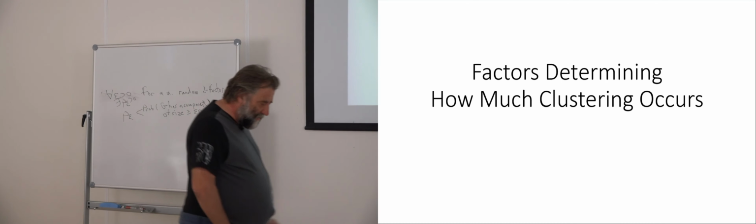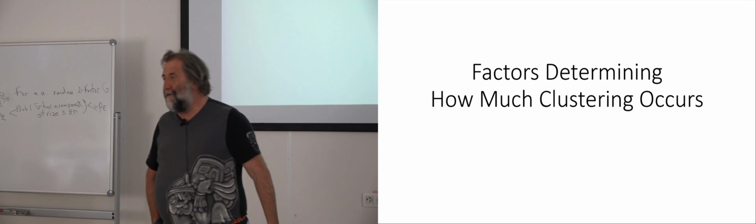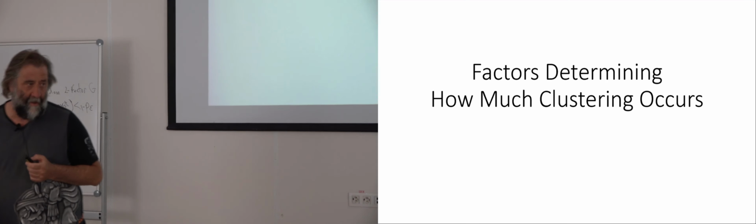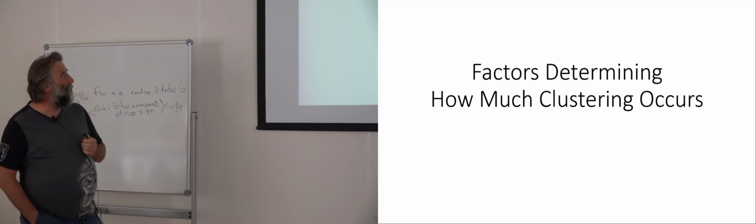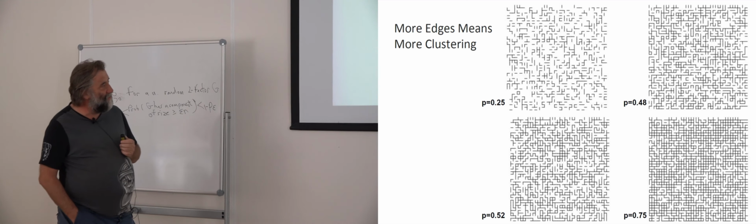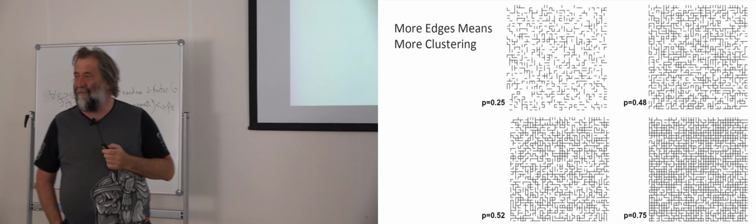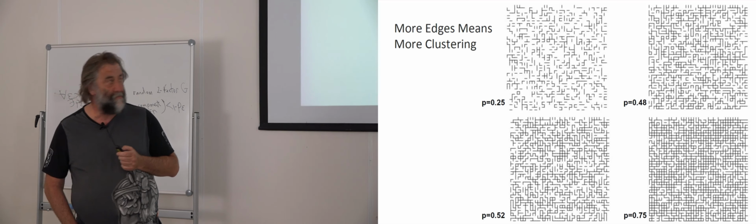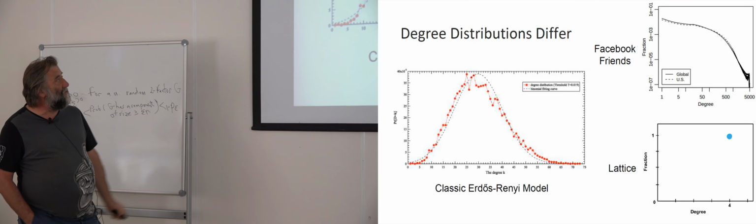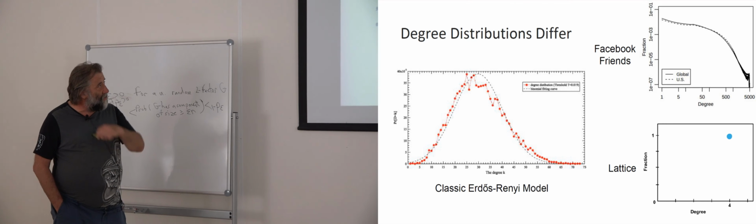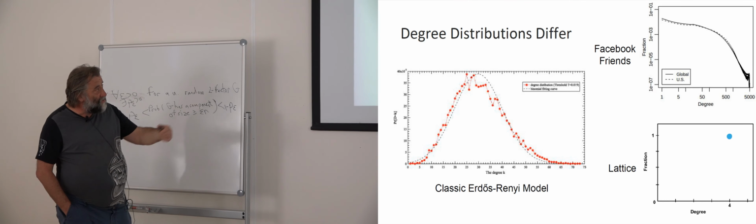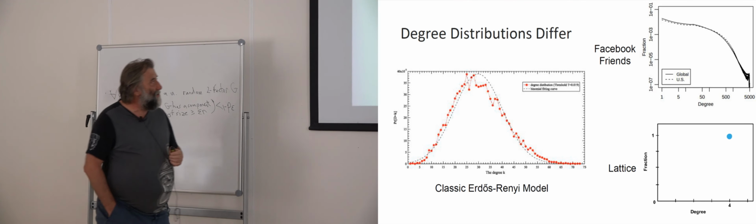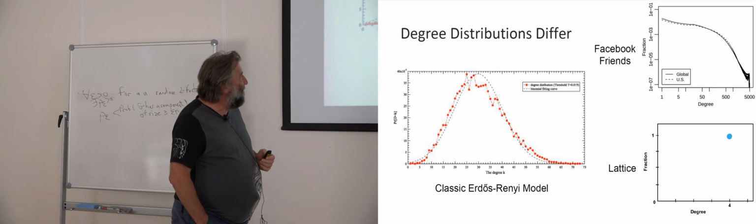So you want to ask whether or not there's a giant component in a random graph, and what determines this? Well, of course, the more edges you have, the more likely it is for there to be a giant component. But the other thing that matters is the degree distribution. So of course degree distributions differ in these real world networks.